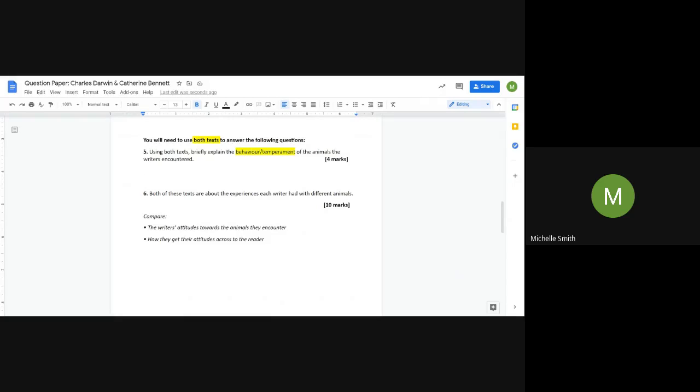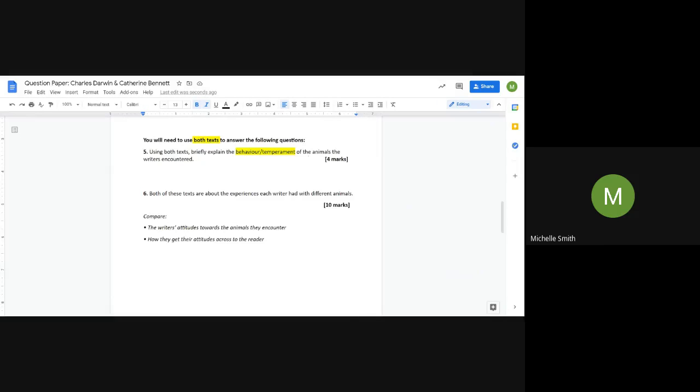It's logical to start with the first text, which is what I'm going to do. I'm going to explain what the behavior of those animals that Charles Darwin encountered was like. Now, because it's 4 marks, what I could do is make 2 points about the tortoises' behavior, then move on to text 2 and make 2 points about the dog's behavior.